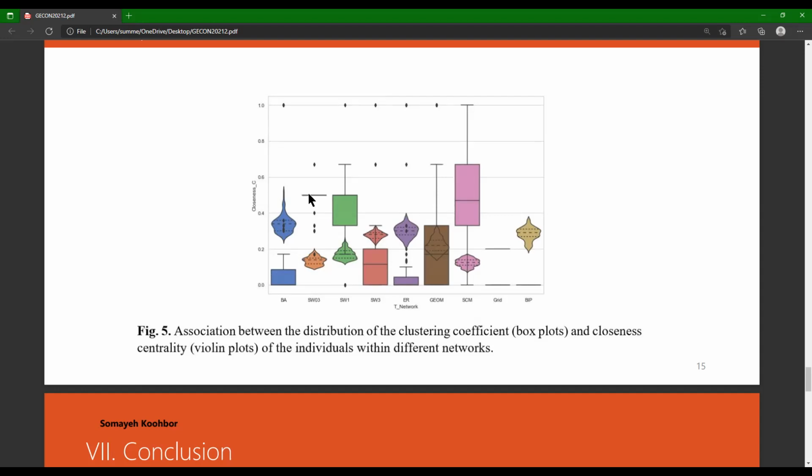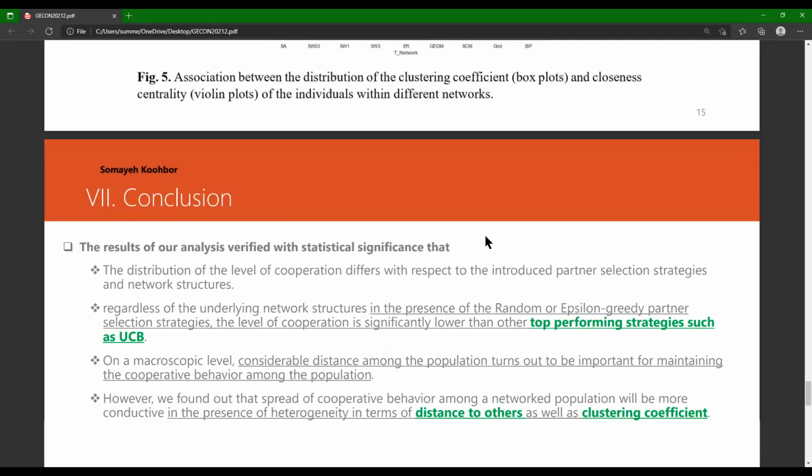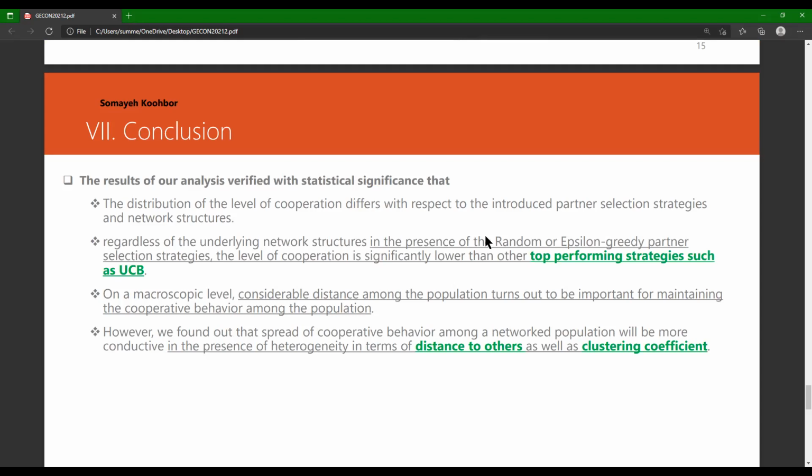There is no box plot here because everybody follows the same value. So this gave us the idea that in order for a network to produce a higher level of mutual cooperation, we should have long distances among the network members, but also a higher level of clustering coefficient among network members. So these were the conclusions.